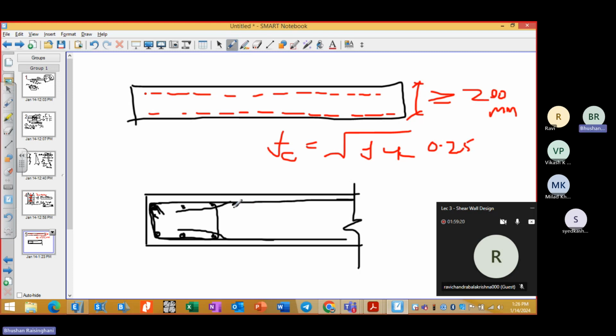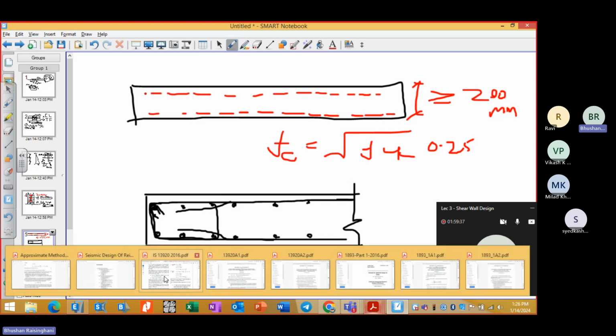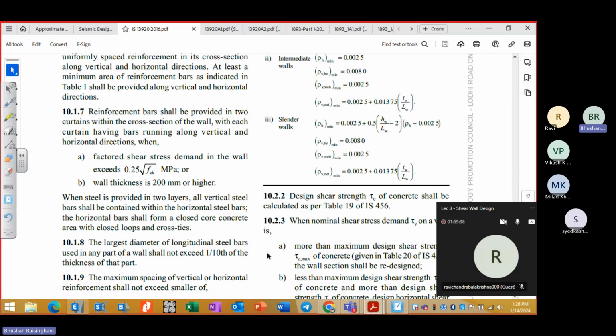And all vertical reinforcements have to be contained within the horizontal reinforcement. So detailing is very critical, with boundary element, without boundary element, how you will detail it is very important.